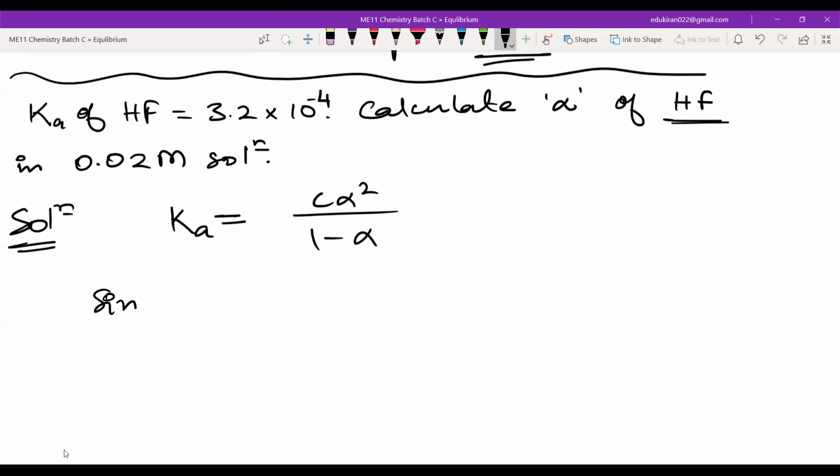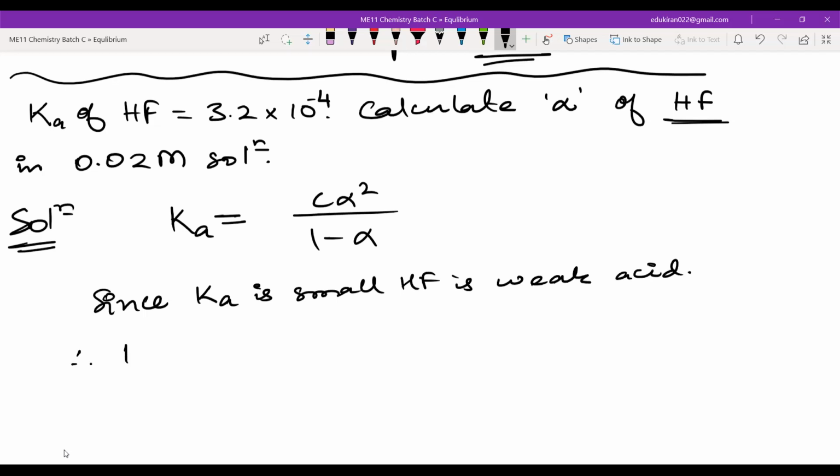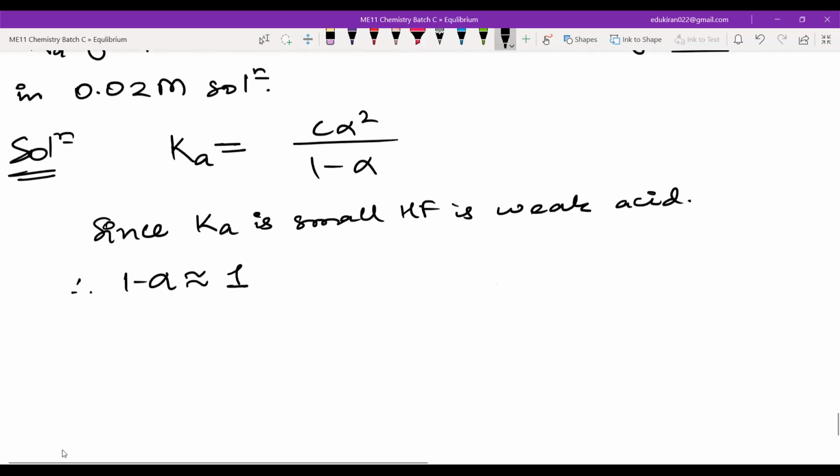Since Ka is small, HF is a weak acid, and therefore 1 minus alpha will be approximately equal to 1, and then your Ka will be equal to C alpha square.